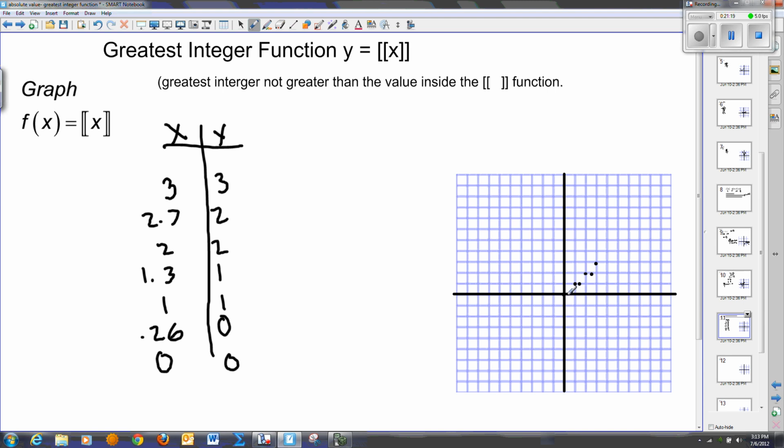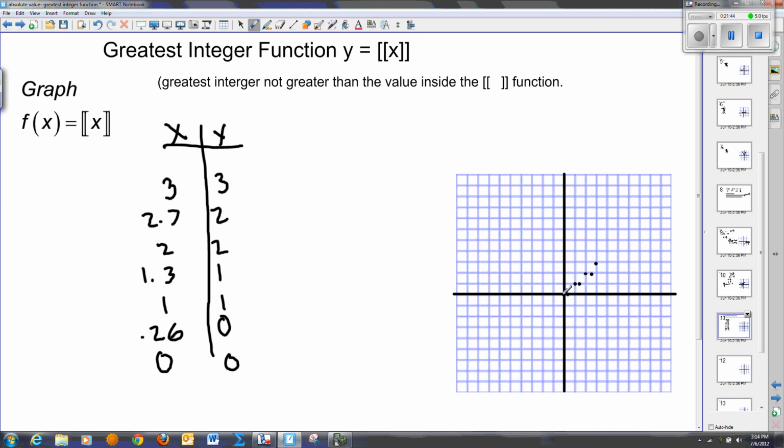Now the question is, what do I do with all these dots? I mean, how do I connect them? Well, here's what's going to happen. Any decimal value greater than 0 and less than 1 is going to have a greatest integer value of 0.